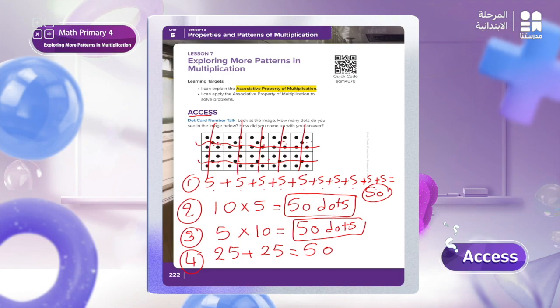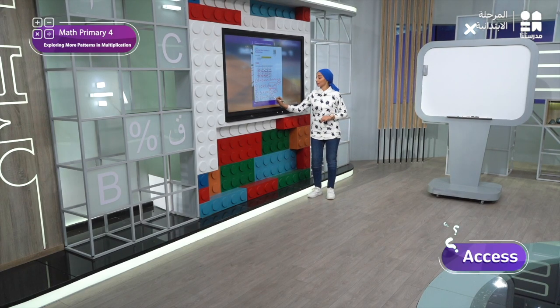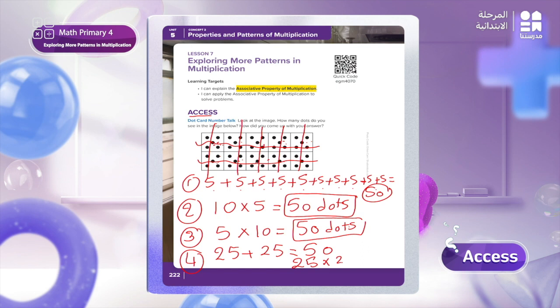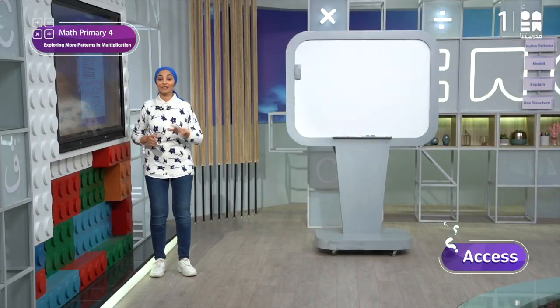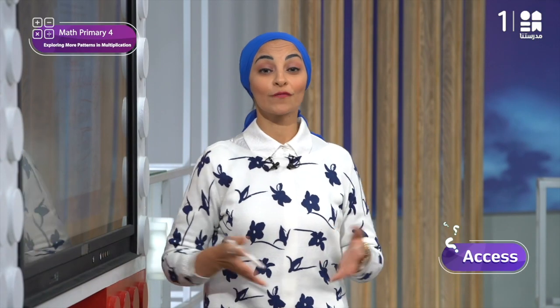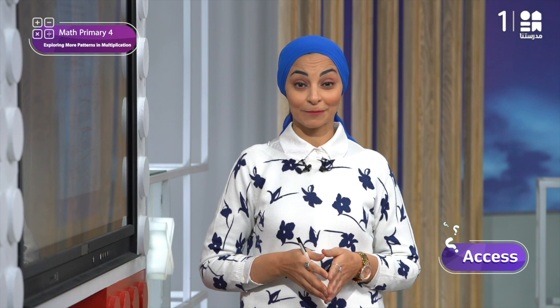Someone else could tell me I can do 25 times 2, which also equals 50 dots. So look, I solved it in 4 different ways. So all of these answers are correct.